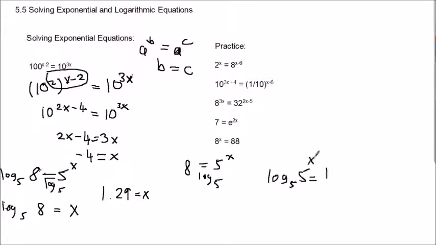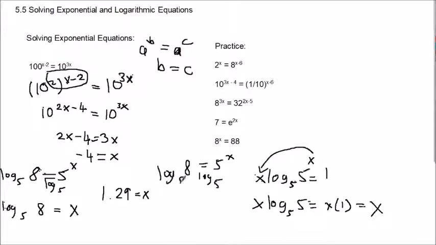And if we have x on top, we can move the x down. We'll get x times log base 5 of 5, which is just x times 1, which is x. So log base 5 of 5 is equal to 1. And you take log base 5 of 8, you will get x is equal to 1.29, just like this, right?